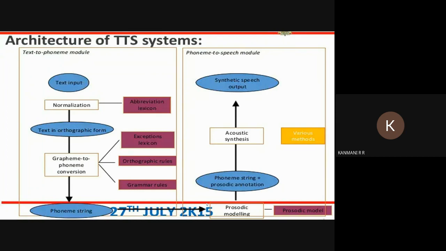Then we get the phoneme string, which is combined with prosodic modeling. By combining these, we get a phoneme string plus prosodic annotation, from which we get acoustic synthesis. Finally, we get the output using various methods. Then we get the synthetic speech output.